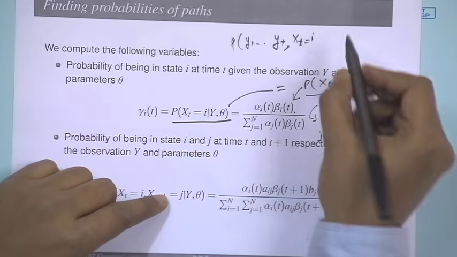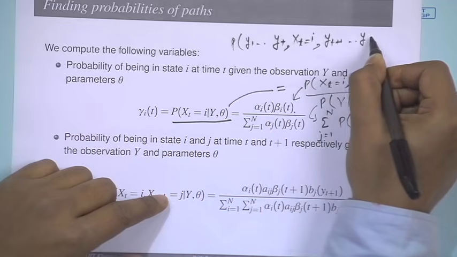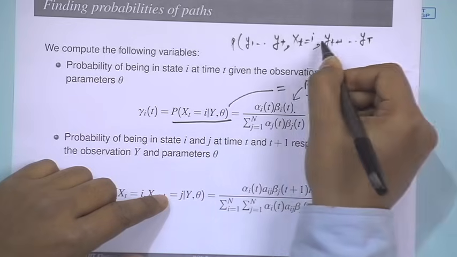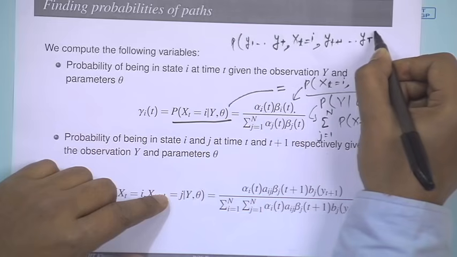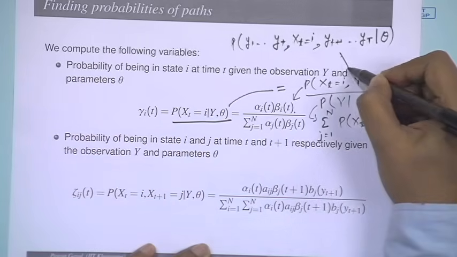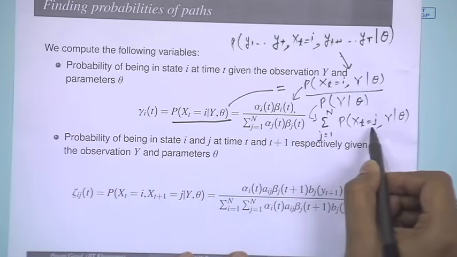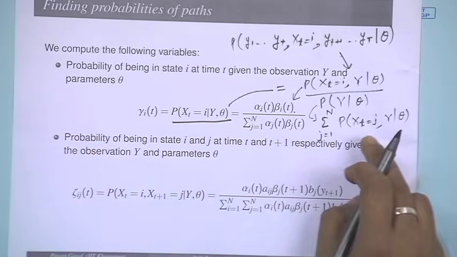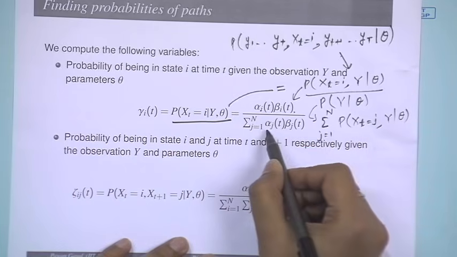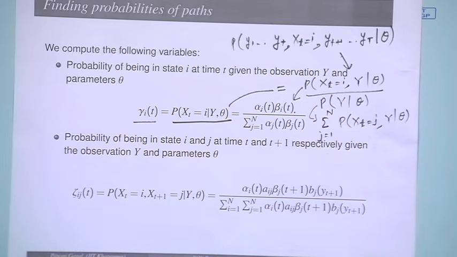What is beta_i(t)? The probability of y_{t+1} to y_T, where x_t equal to i is already given for beta, and this is given my parameters theta. This is my alpha_i(t) times beta_i(t), and this is marginalizing over all possible states at time point t, so this will be the sum over j equal to 1 to n of alpha_j(t) beta_j(t). So this gives me the equation for gamma_i(t).